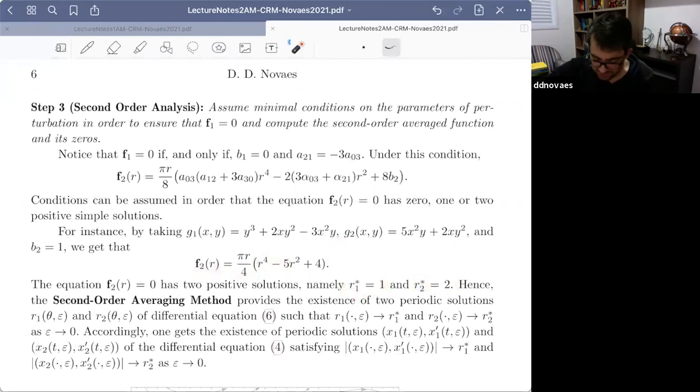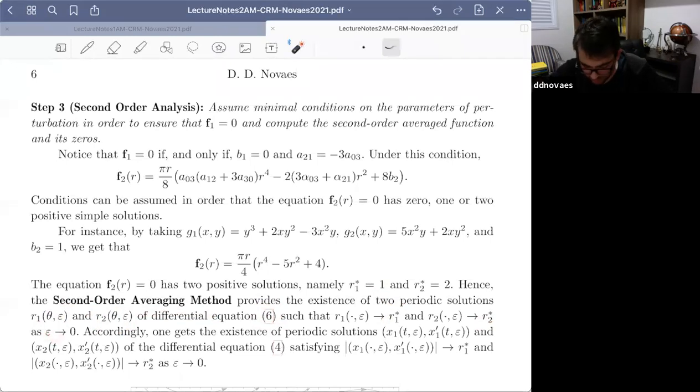Okay, so for cubic perturbations, the second order average method provided the existence of two periodic solutions. The first order provided the existence of one periodic solution, and the second order provided the existence of two periodic solutions. Okay, so R1 and R2 are periodic solutions of the difference equation, which converge to r1 star equal to 1 and r2 star equal to 2 when epsilon goes to 0.